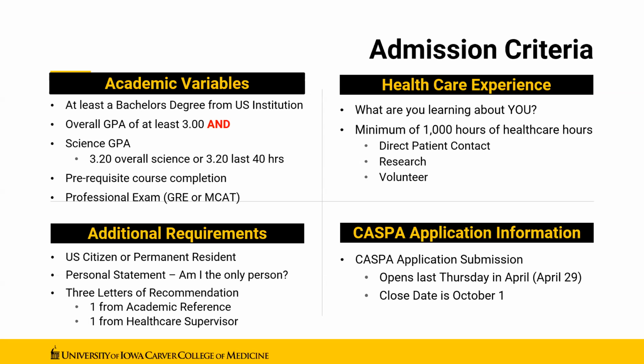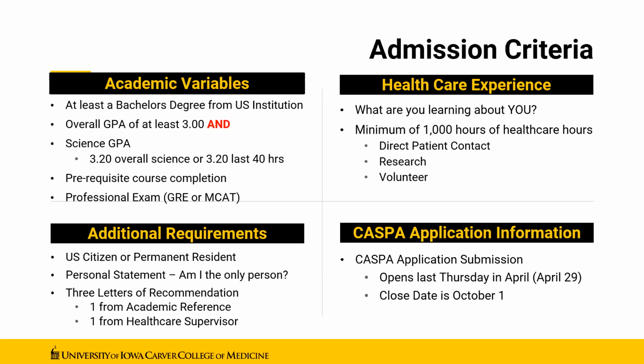When you are thinking about walking into a house, probably the easiest way to get into the house is to walk through the front door. When you think about the admissions process for PA programs, the academic variables listed on this slide are the variables that get you into the house.